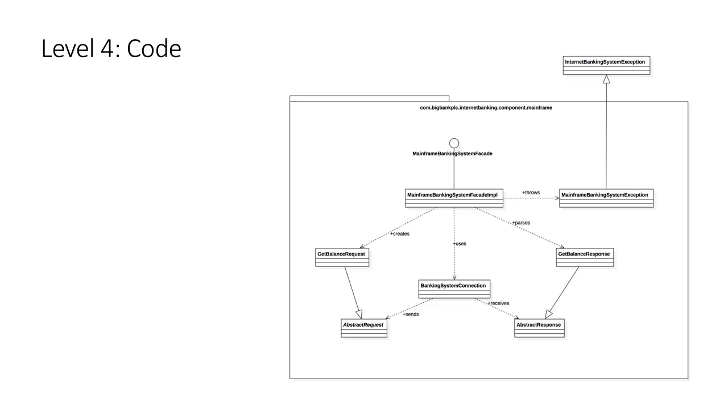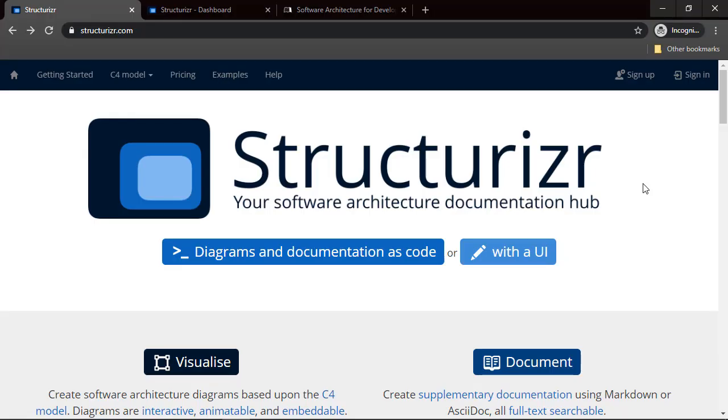Great, that's it about the theory, so let's see the Structurizr tool in action. This is the main page of the Structurizr tool. It's available at structurizr.com. What is great about this tool is that you can create diagrams and documentation as code in Markdown, or you can use the web browser UI to create diagrams.